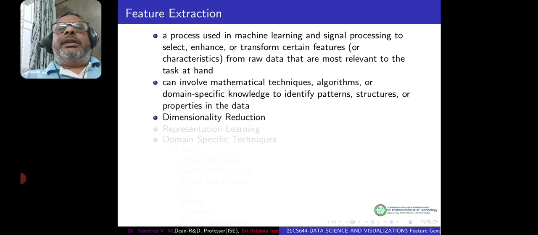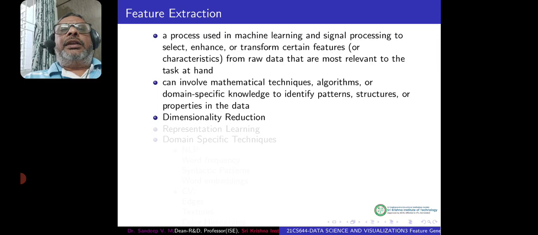So that way we can reduce the dimensionality, or a combination of these can be used together mathematically and reduced to a lesser number of new parameters. So we can generate new parameters from the existing parameters, but the new parameters are fewer in number compared to the existing number of parameters. So that way the dimensionality is reduced.